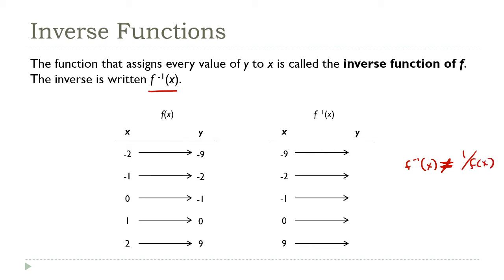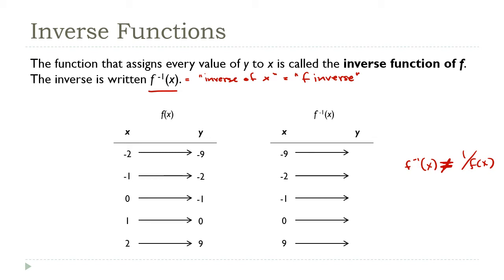F inverse of x just means the inverse of x. And if I were reading this, you could say the inverse of x, or you could say just f inverse. Either one is fine.